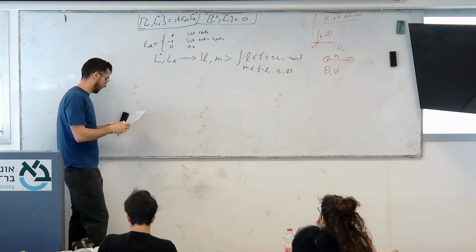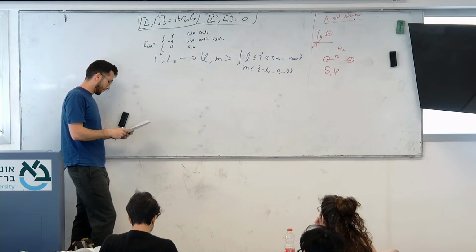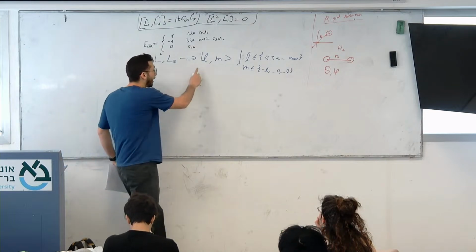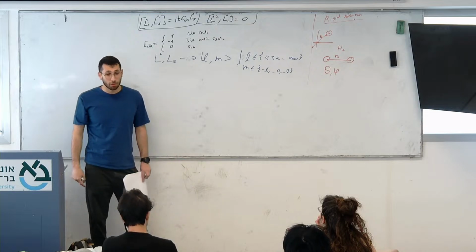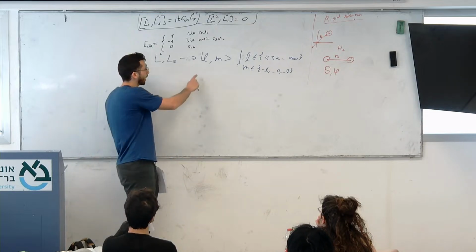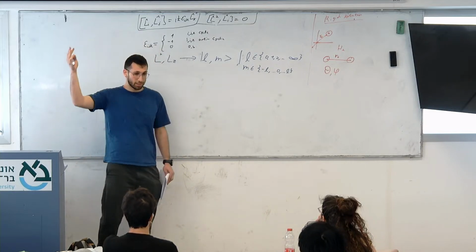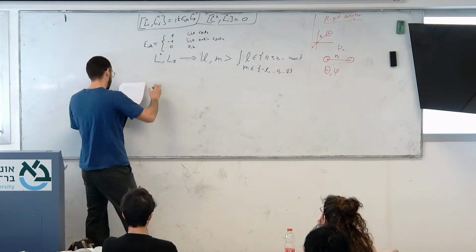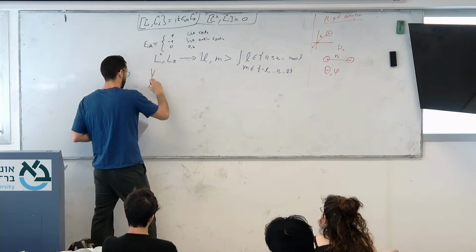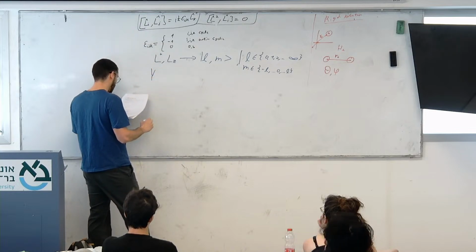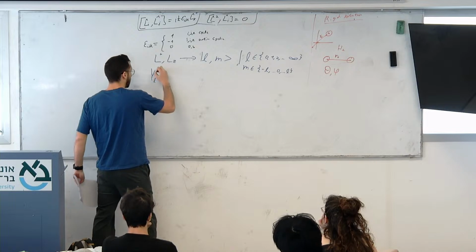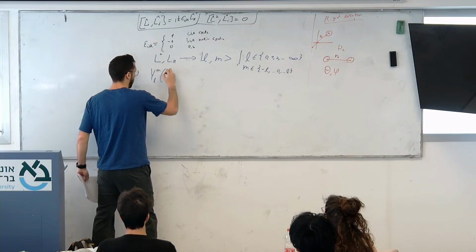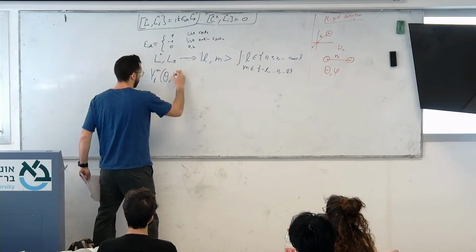So, let's continue. Those L and M's are something we are already familiar with, because we can describe this angular momentum with the spherical harmonics YLM of theta and phi.